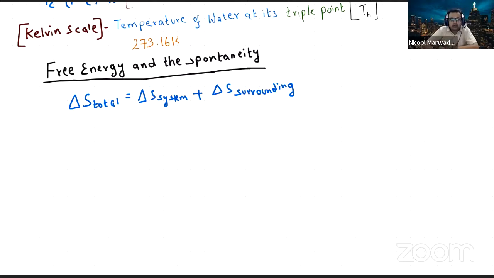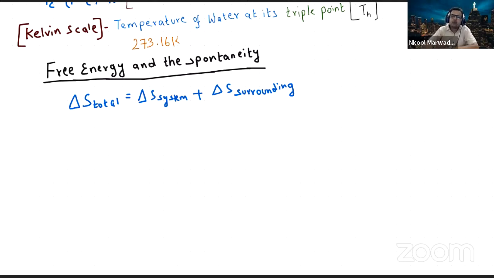Now, a few points we will focus on. Observations. It is not always easy to know the entropy change of both the system and the surroundings. It is not like we have a device and we can calculate the entropy change.